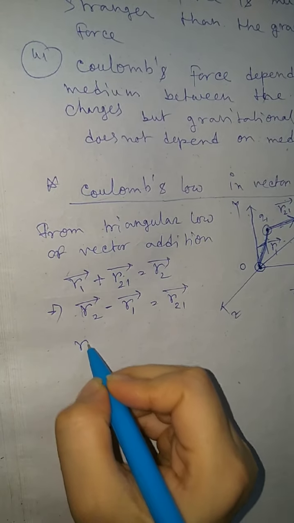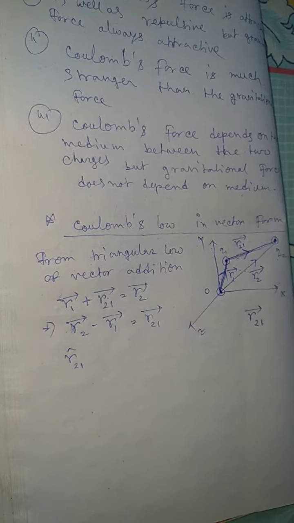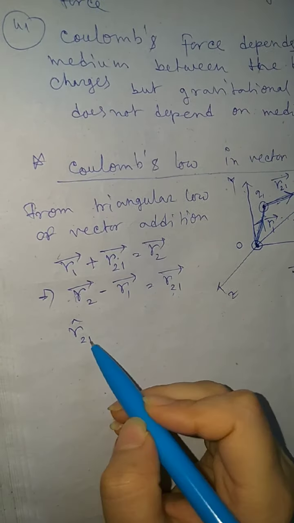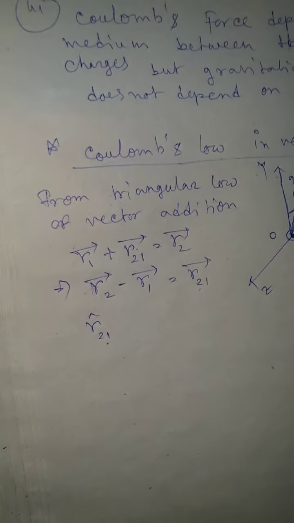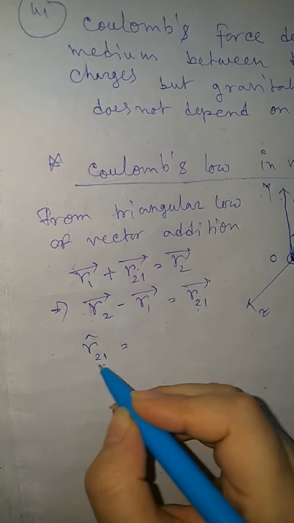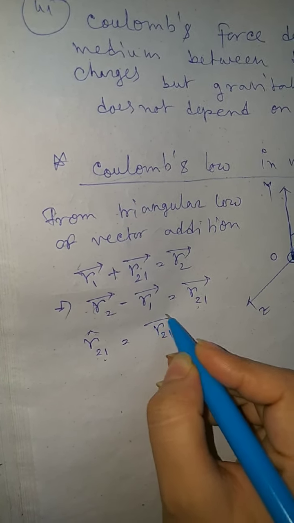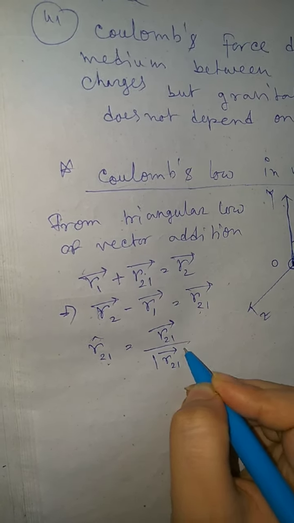If R21 cap represents unit vector of R21 vector, then we can write R21 cap equals to R21 vector by mod of R21 vector.